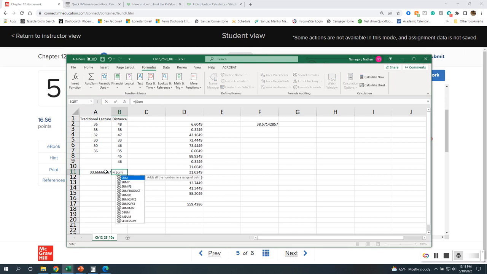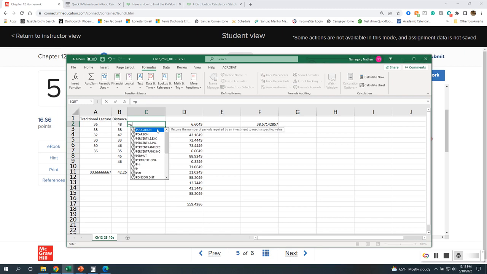Equals sum of this divided by how many? 1, 2, 3, 4, 5, 6, 7, 8. There's our two means. Then, again, equals power of that minus 33.67, comma 2.